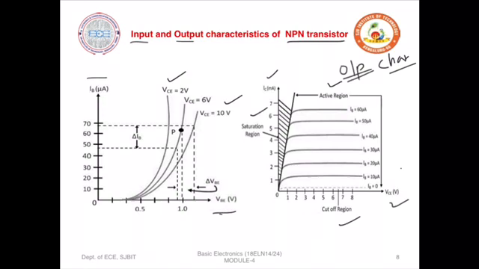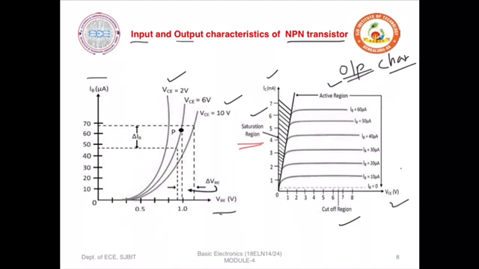In the active region, there is a linear change in the current with respect to the collector to emitter voltage. This can also be called the linear region, in which the amplifying action of the circuit takes place. Now moving on to the saturation region. The saturation region is the region in which both base emitter and collector base junctions are forward biased.